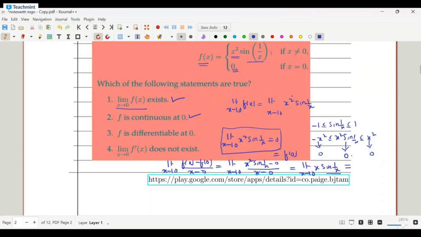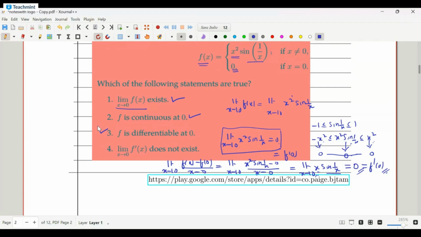So this one is bounded and limit of this one same similar pattern, sir. Ikkada x to multiply cheyandi. X is less than or equal to x sin 1/x less than or equal to x. By this one approaches to 0 when x approaches to 0. So by squeeze theorem, x into sin 1/x is also limit value is 0, sir. So that means which is equal to f dash of 0, right? So therefore f is also differentiable.